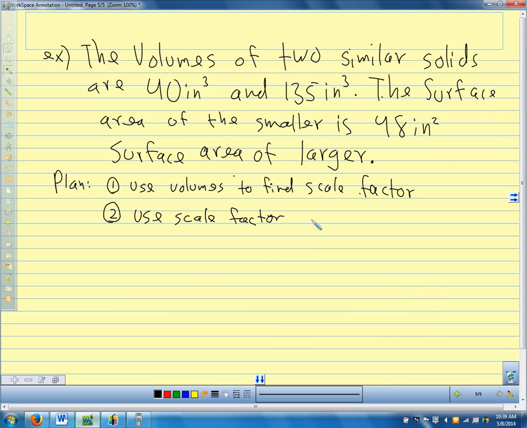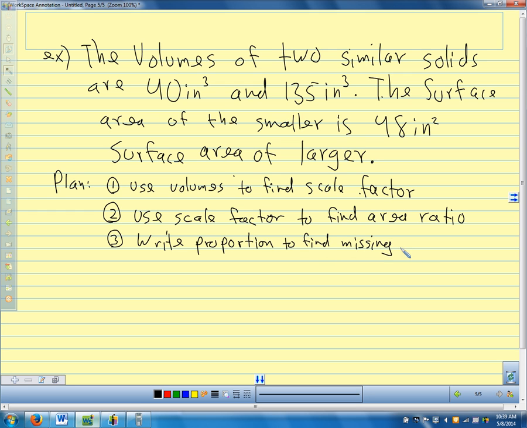So we're going to use the scale factor to find the area ratio. And then finally, our third step is write a proportion with the information that the problem gives us to find the missing area.